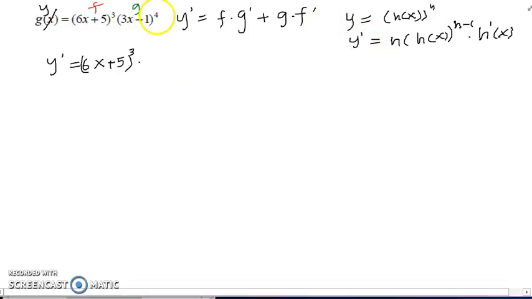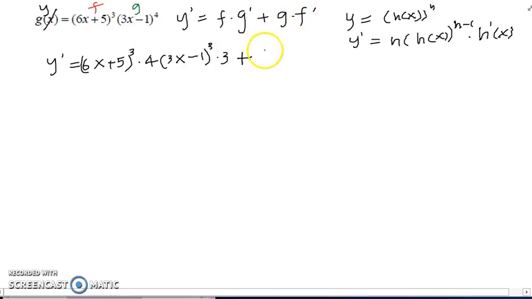The power of this group is 4, so I multiply by 4. Then (3x - 1), the exponent would be 4 minus 1, so it would be 3. And then I need to multiply with h prime of x, the derivative of 3x minus 1, which is actually just 3.